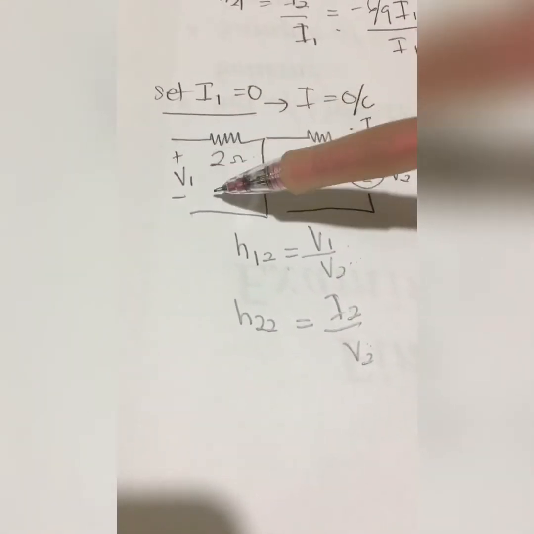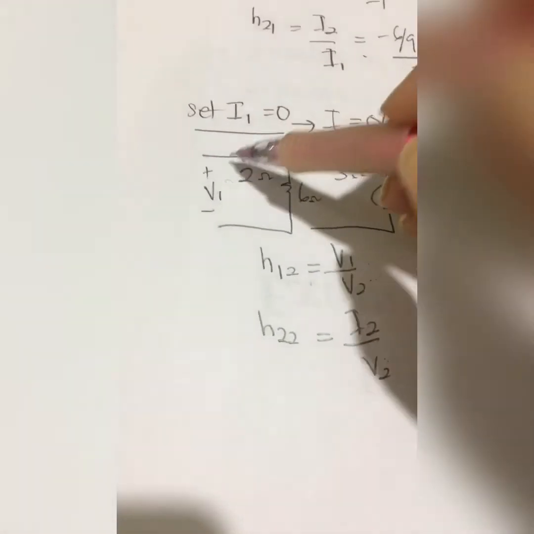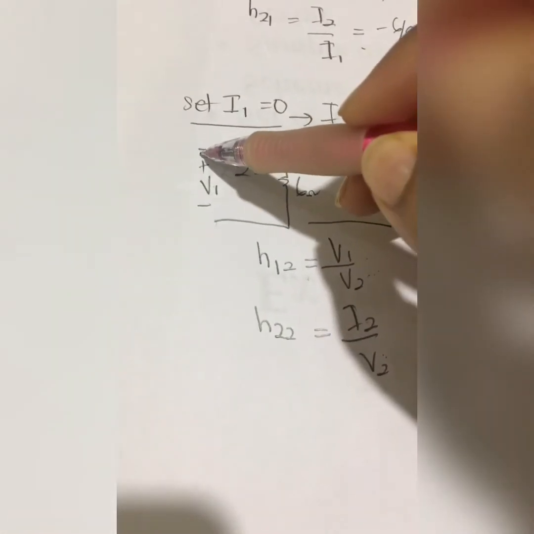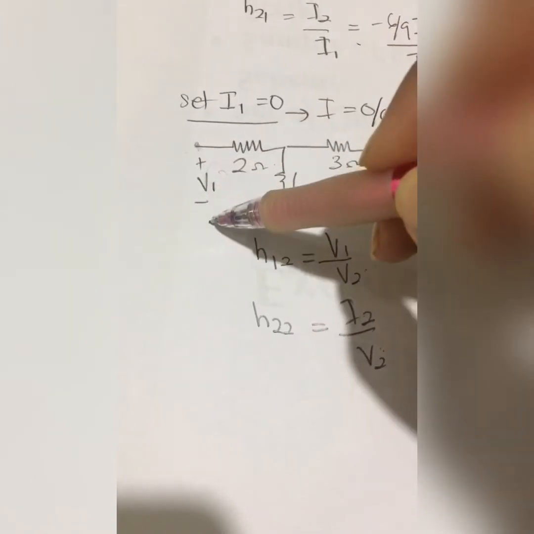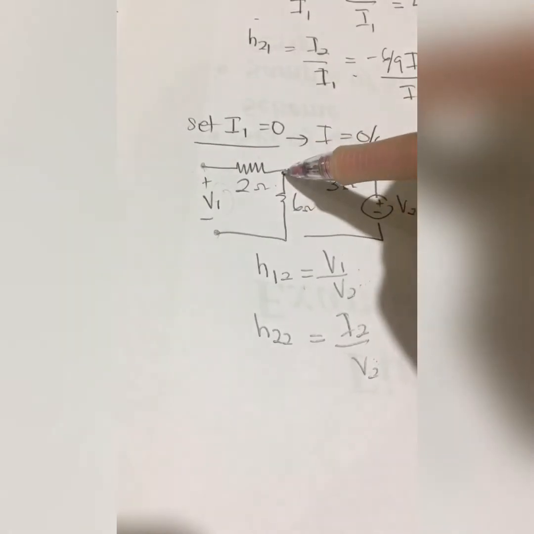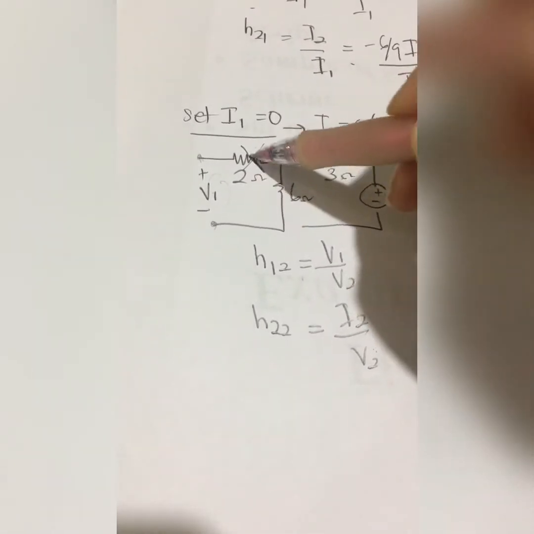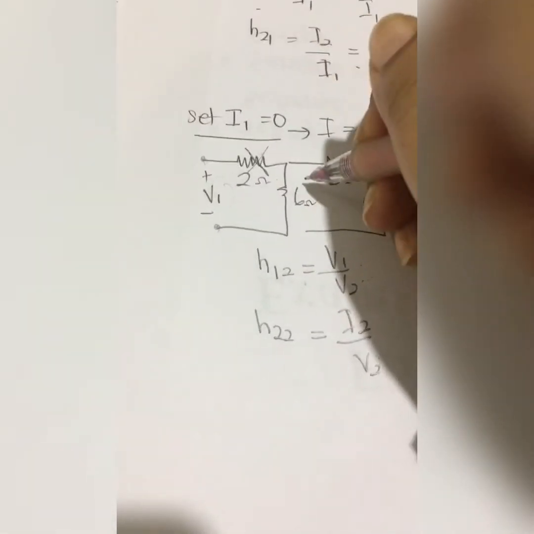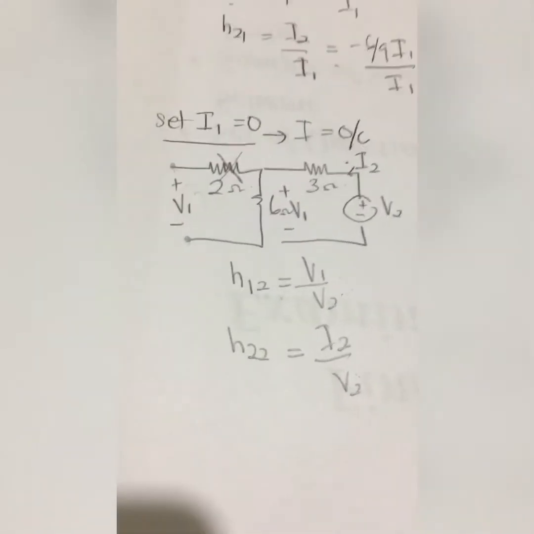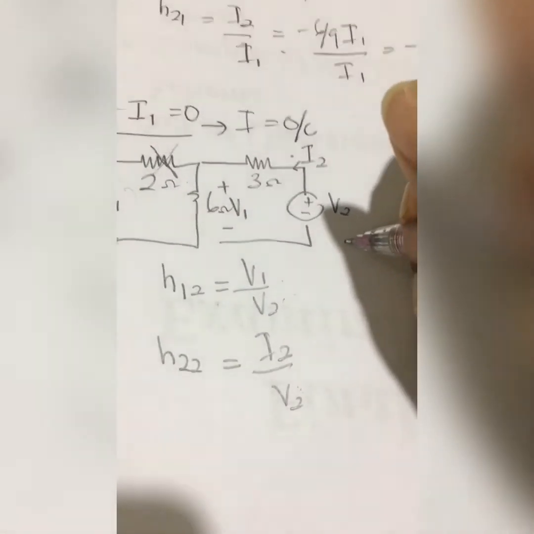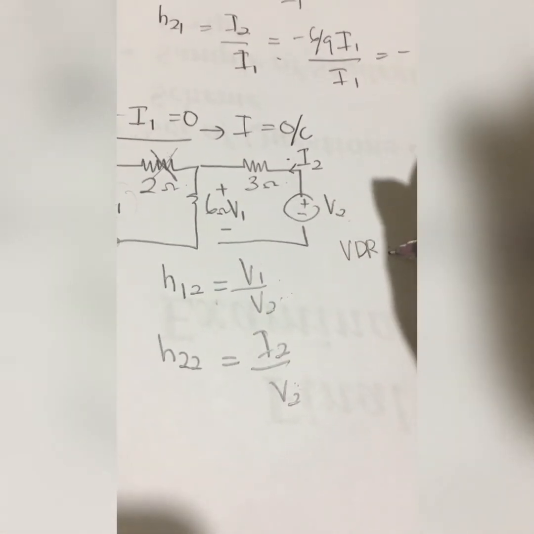So to get V1 here, obviously when there is open circuit at this part, the current will not flow to this resistor, so we can ignore this. So basically V1 is actually at 6 ohm. Then we can apply VDR, voltage divider rules.